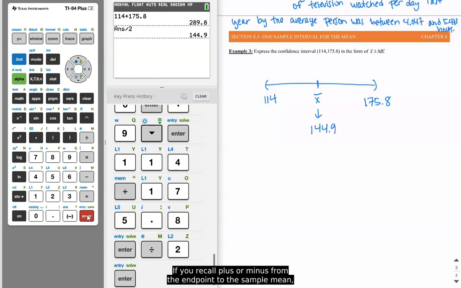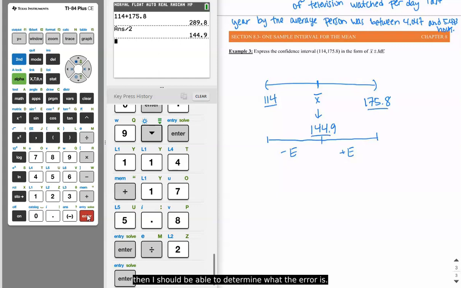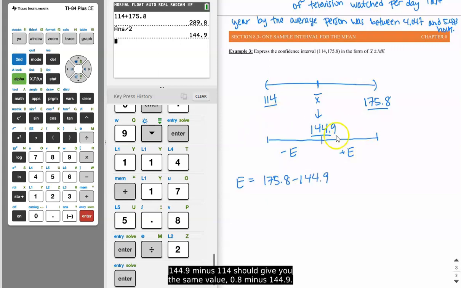And if you recall, plus or minus, so from the lower endpoint to the sample mean, this is minus the error. And from the sample mean to the upper endpoint, we have plus the error. So if I find the difference between the endpoint and the sample mean, then I should be able to determine what the error is. So you could find the error by 175.8 minus 144.9, or vice versa, 144.9 minus 114 should give you the same value.